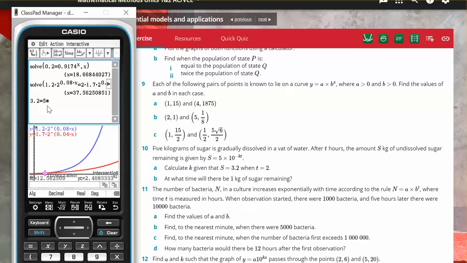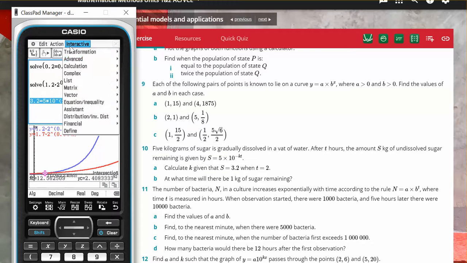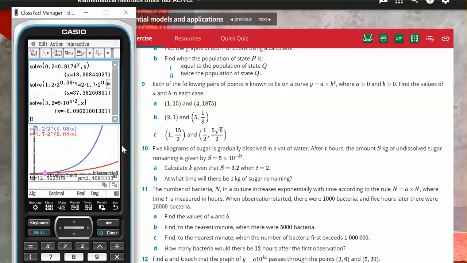So 5 times 10 to the power of negative K, now we're trying to solve for K, I'll call that X, times 2 because we know T is 2. Interactive, and solve for X. Okay, and that's that. You notice our K value is negative, which, no, it's actually positive. Let me see. Oops, I've got to be careful. Our K value is positive because I forgot the negative sign.